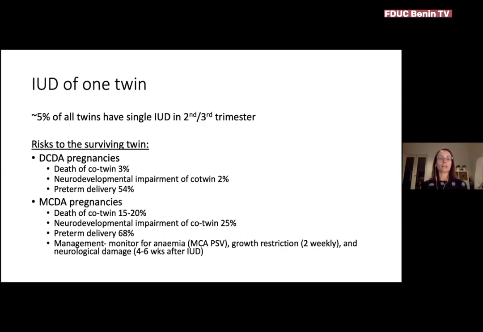So the management here in Australia would be to monitor for anemia with an MCA PSV during the first week after IUD, and then to monitor for the risk of growth restriction with fortnightly ultrasounds, and to assess for neurological damage, which becomes obvious on imaging about 4 to 6 weeks after intrauterine death. So we would do a specialised neurosonogram and usually an MRI as well to assess the brain of the live twin.